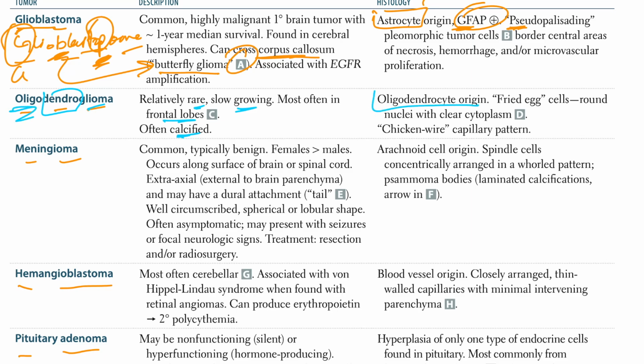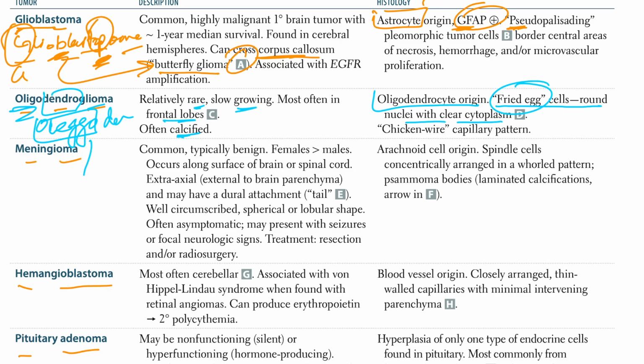And if you recall, oligodendrocytes are fried egg cells with round nuclei with clear cytoplasm, right? So the mnemonic that we did talk about was oligodendroglioma. Remember? Oligo. And if you don't recall that, you can go back to neuroanatomy. So oligo for the fried egg appearance of the cell.